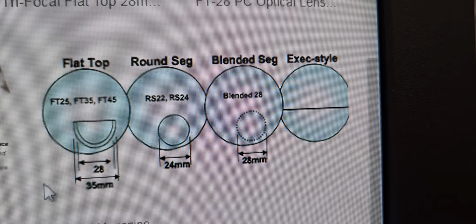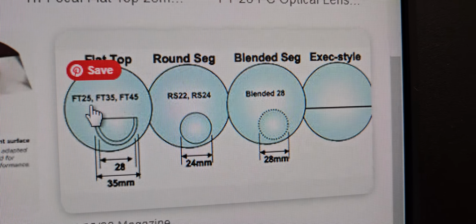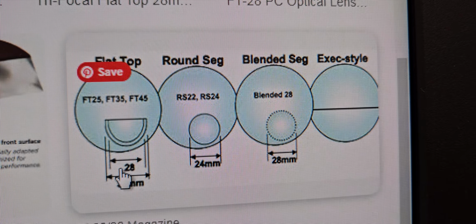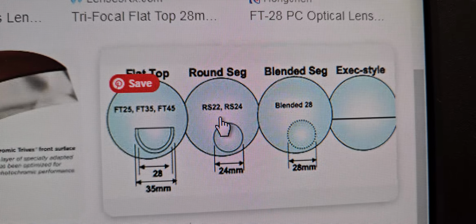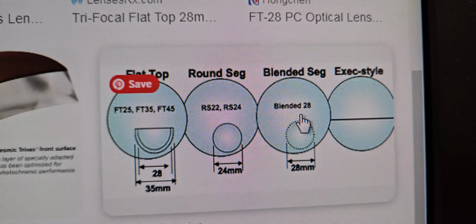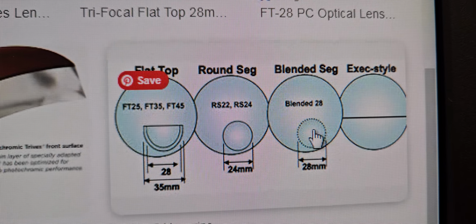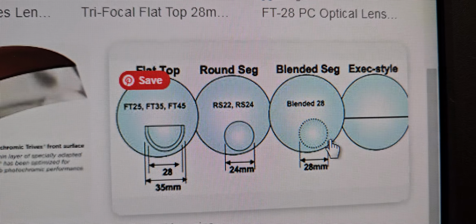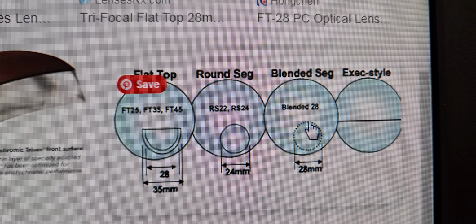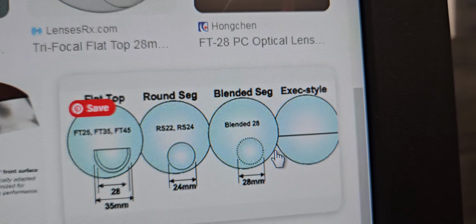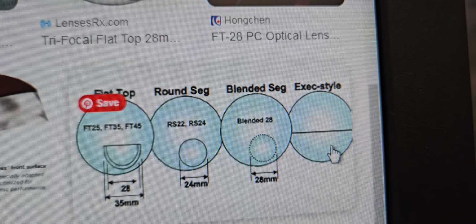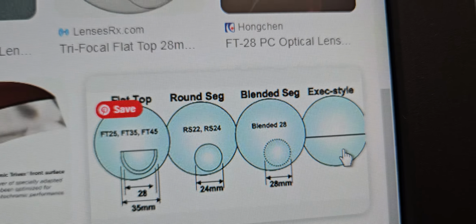So this is another design: flat top 25, 35, 45, 28, 35. Round segment is generally 22, 24. The blended design one, you cannot see it, it's hard to figure out if there's a bifocal or not, without a line. In executive, the top portion is distance power, lens breadth, and the lower portion is near power.